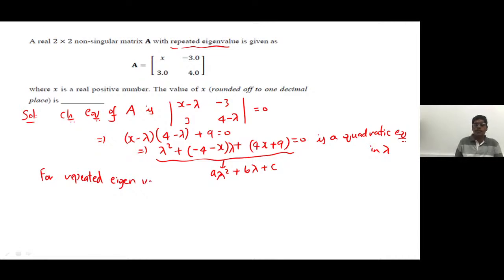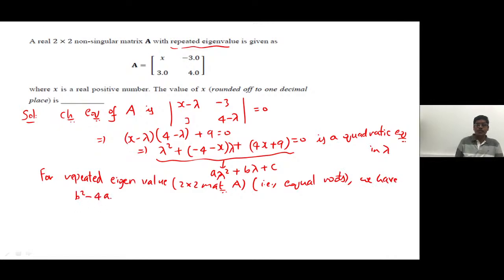Repeated eigenvalue, 2 cross 2 matrix A, that is equal roots, we have b square minus 4ac is equal to 0, that is discriminant equal to 0.